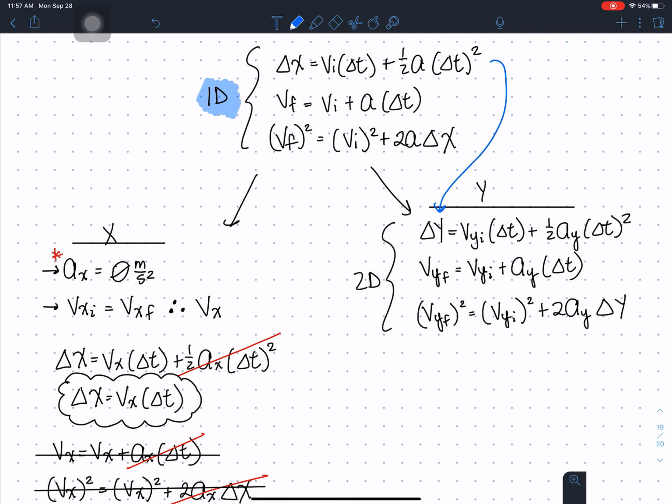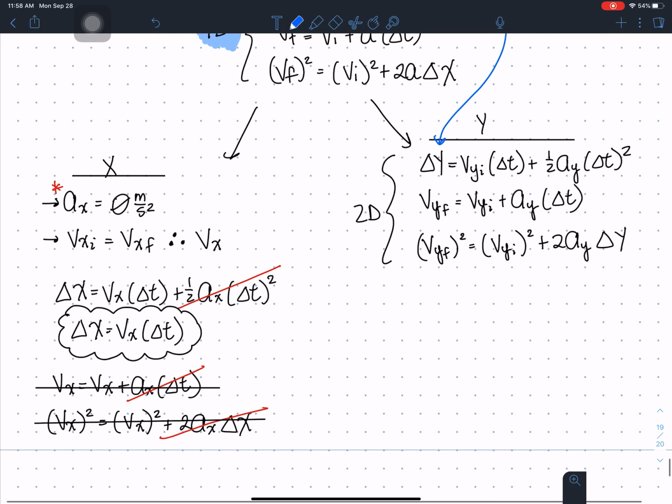Our second equation becomes Vy final equals Vy initial plus acceleration in the y, delta t. And our third equation becomes Vy final squared equals Vy initial squared plus 2 acceleration in the y, delta y. That should not feel too foreign because all we're doing is taking the same one-dimensional kinematic equations and adding some subscripts. Now things are a little different in the x direction.